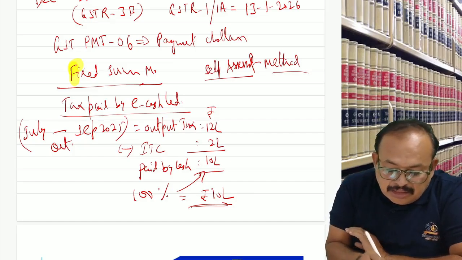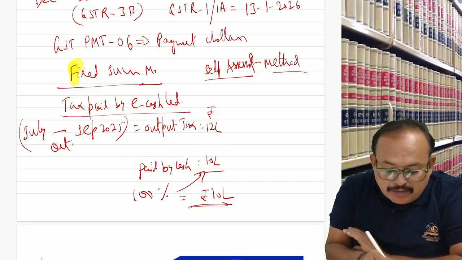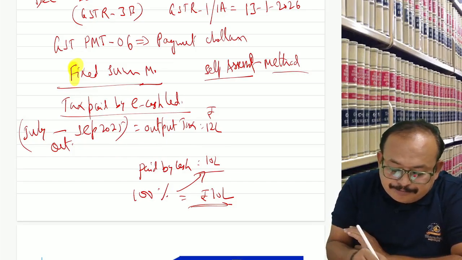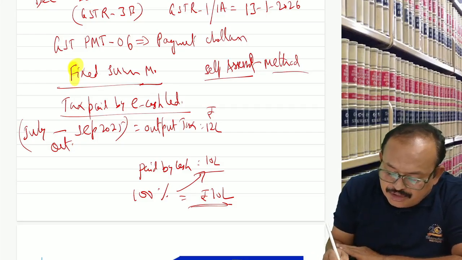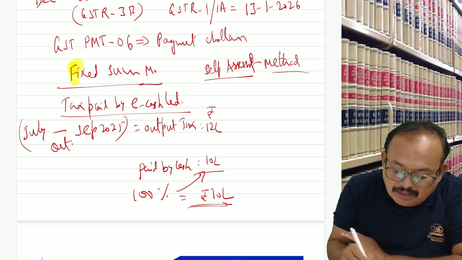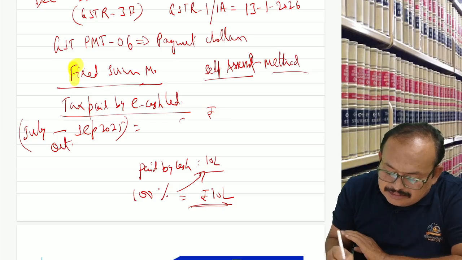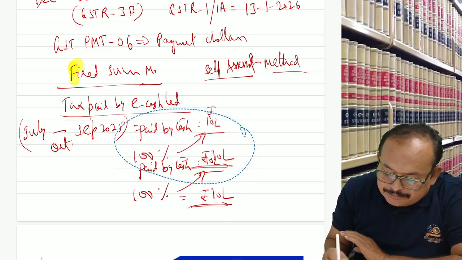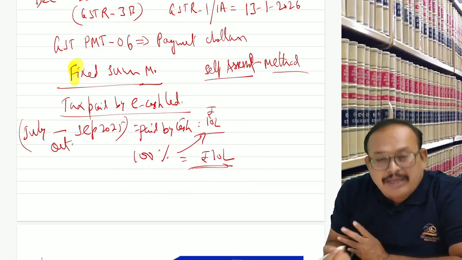That means there won't be any credit, sir. My output tax I paid from my own pocket. The entire amount was paid by cash. No ITC, sir.